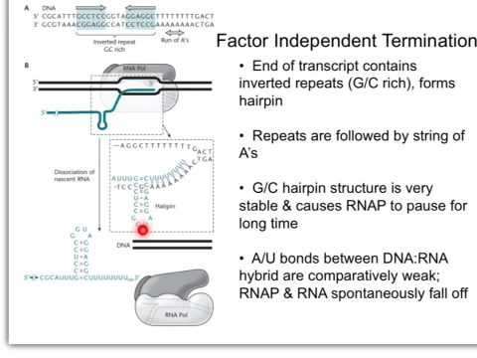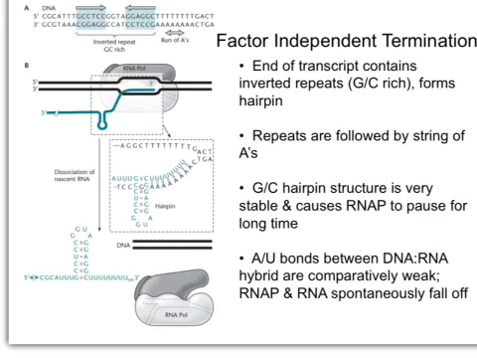So this is the GC-rich hairpin formed by these inverted repeats, and it's shown right here, forming as RNA exits RNA polymerase. In combination with this GC-rich hairpin that causes the pausing of RNA polymerase, there are also these AU bonds between the DNA and the RNA.